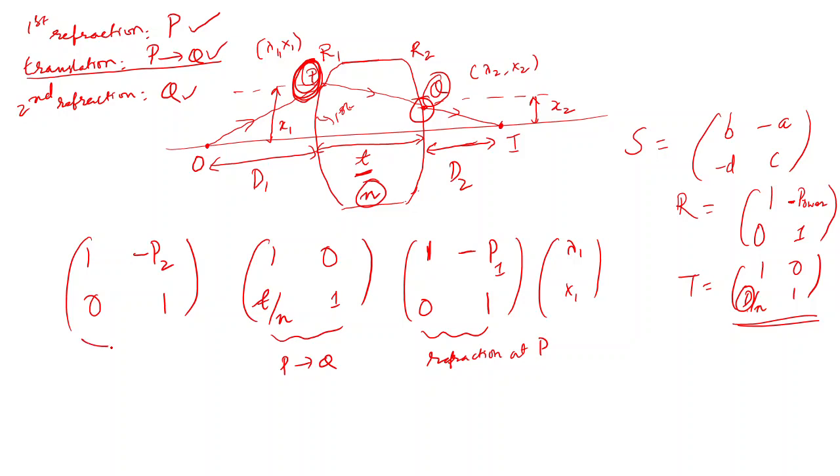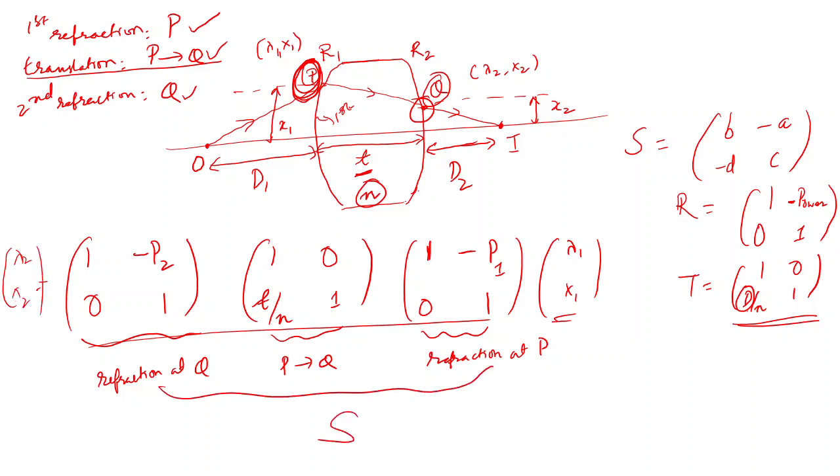So this is the refraction at Q. Now if I multiply these three matrices, then I should get essentially the total net effect of the lens on the points lambda 1 x1, which would give me lambda 2 x2. So a product of these three matrices would be my system matrix, right? So now let's do this and see what we would get.